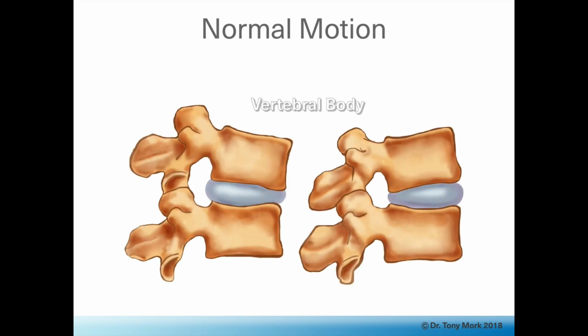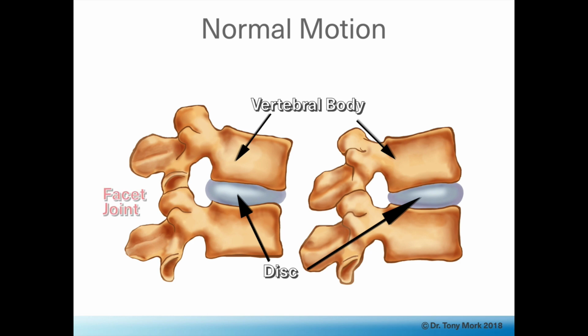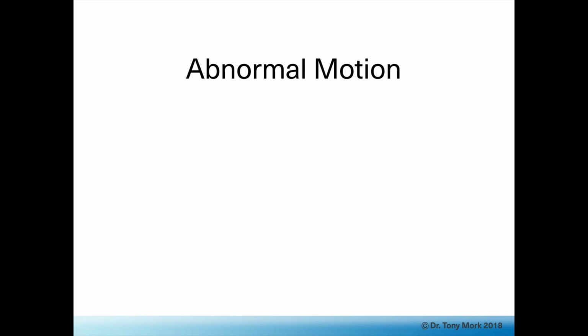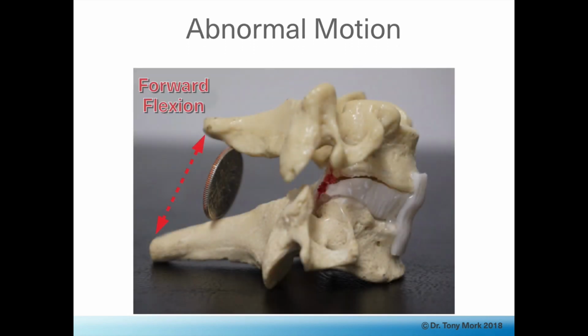Well, remember, we looked at normal motion where the vertebral bodies rock back and forth on a spongy disc that's soft and mobile, and the facets restrain the motion on the backside. Abnormal motion would be an example where you can see the first arrow is the spinous processes, and maybe the ligaments get torn off the actual tips of the spinous processes.